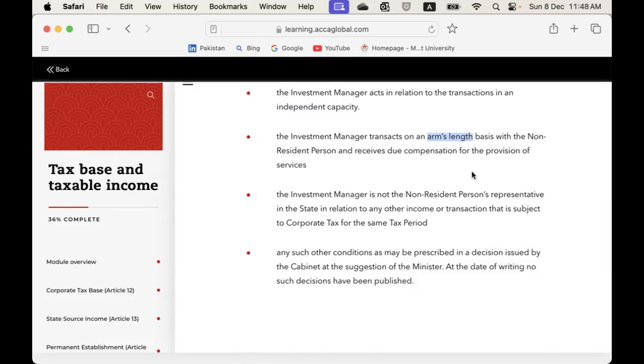Do you know what has been the repercussion of this article? Not only in the UAE but around the world, this type of article. The entire 150 pages long transfer pricing guidelines were issued because of these few lines. Arm's length principle. The entire doctrine of transfer pricing rests on the arm's length principle.